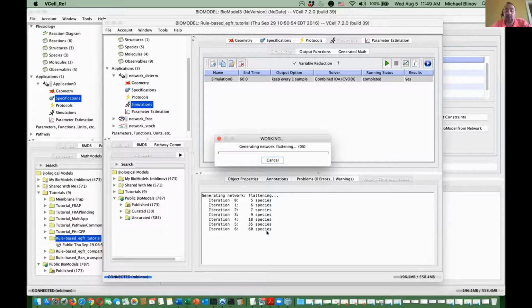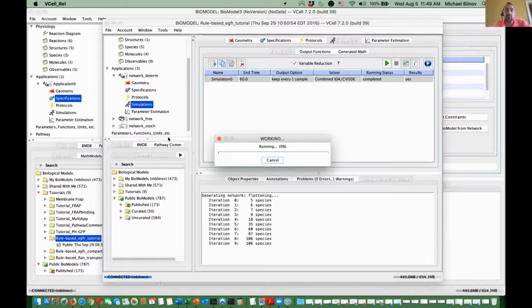So it got, let's see how many, 87, I think it goes above 100, 106 species. And now you have this model with 106 species, and you can do with it whatever you want.